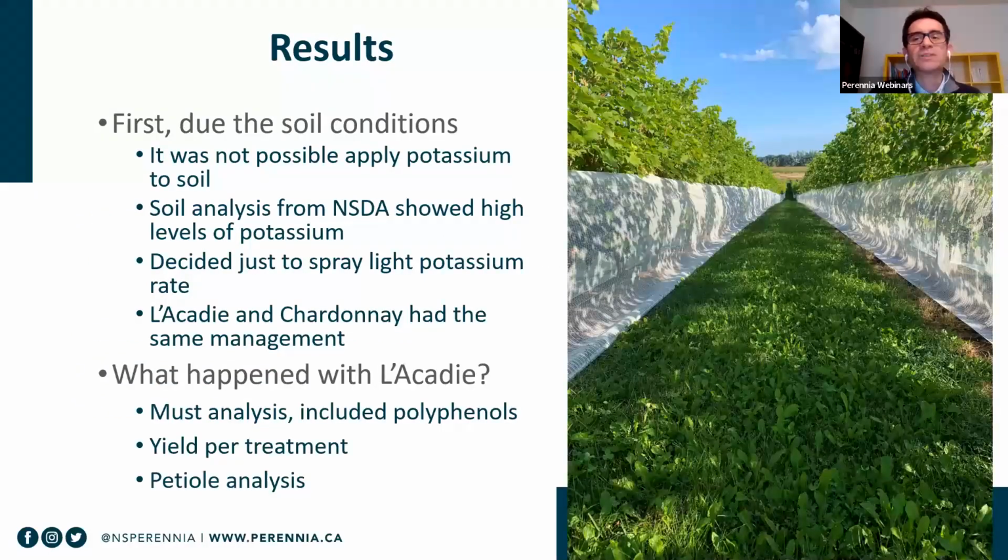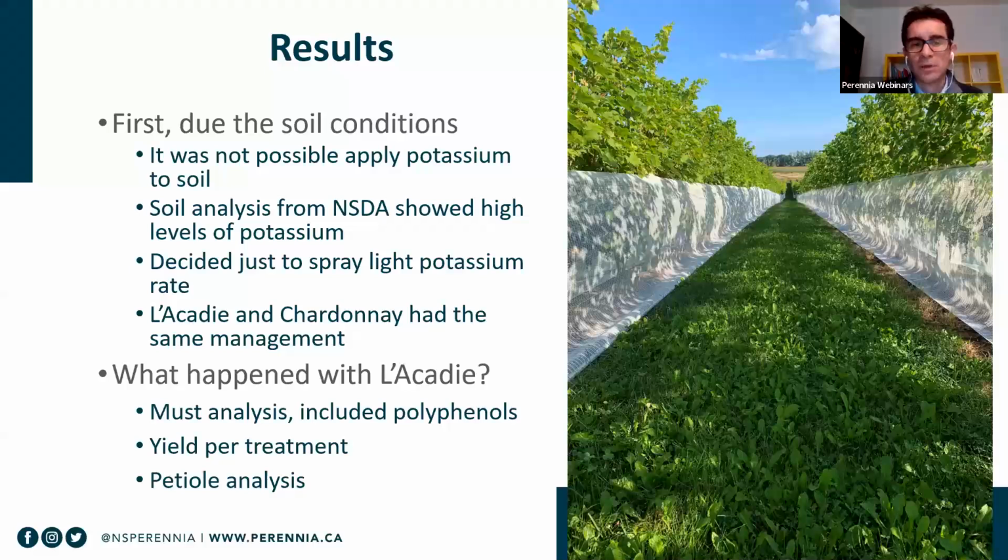First, as I already mentioned, we had to modify our first idea, which was combining soil and foliar applications of potassium. It was not possible to apply potassium to the soil because through soil analysis, which we did at NSTA, we saw that the levels of potassium were quite high.